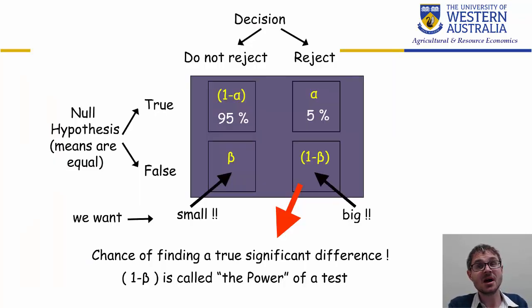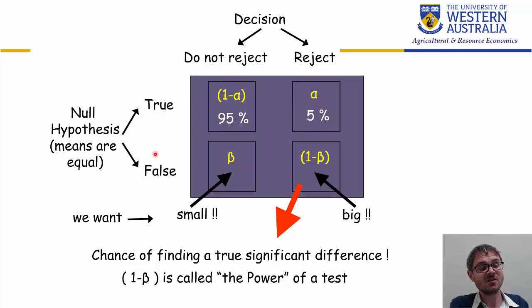Remember, this is our box. The null hypothesis can be true or false. For any given null hypothesis, we can reject or do not reject. If the null is true and we do not reject, that's a good space. We would like to have a high chance of being in there. If the null is true and we reject it, we want to have a low chance of being in there.